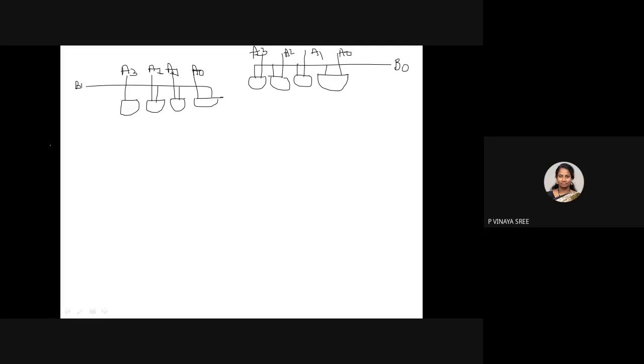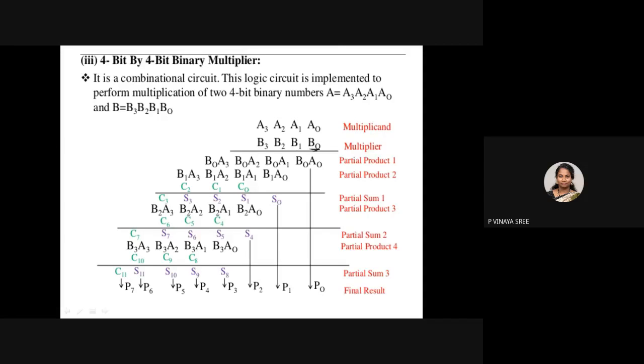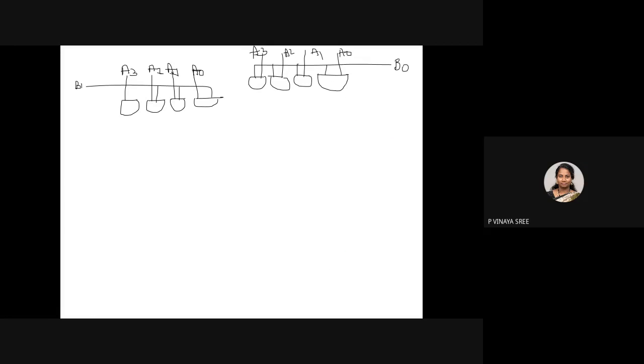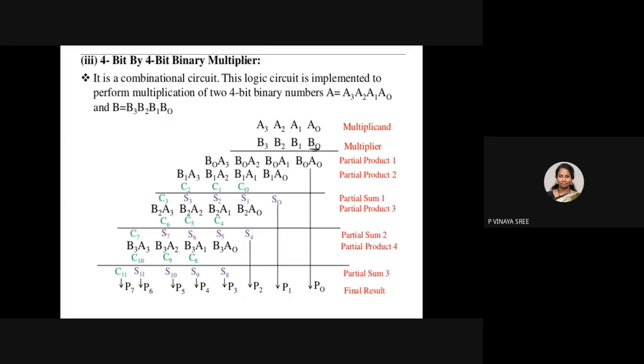Now I want an answer by seeing this question. So first, the output of this AND gate is given to P. So A0 B0 I am giving directly to P0. Next is A0, A1, A2, A3 and B1.